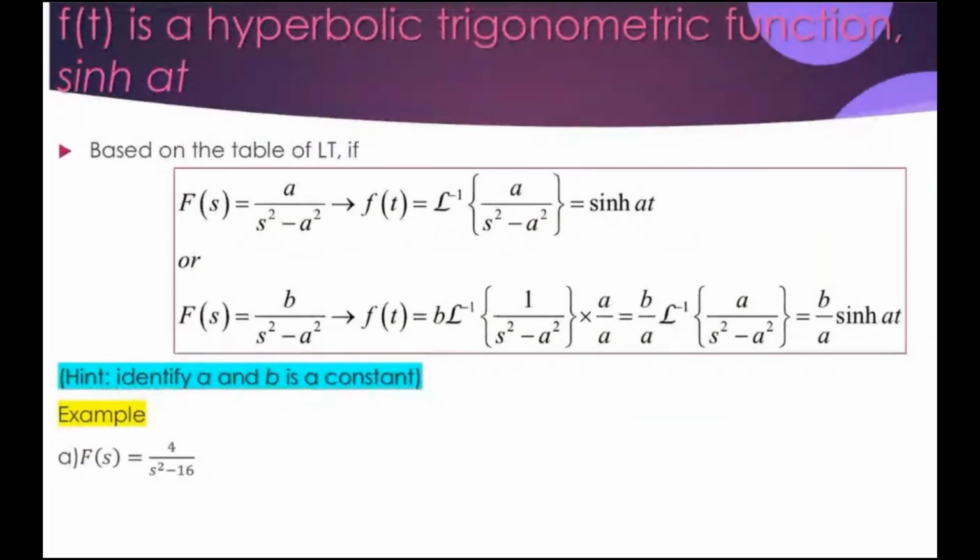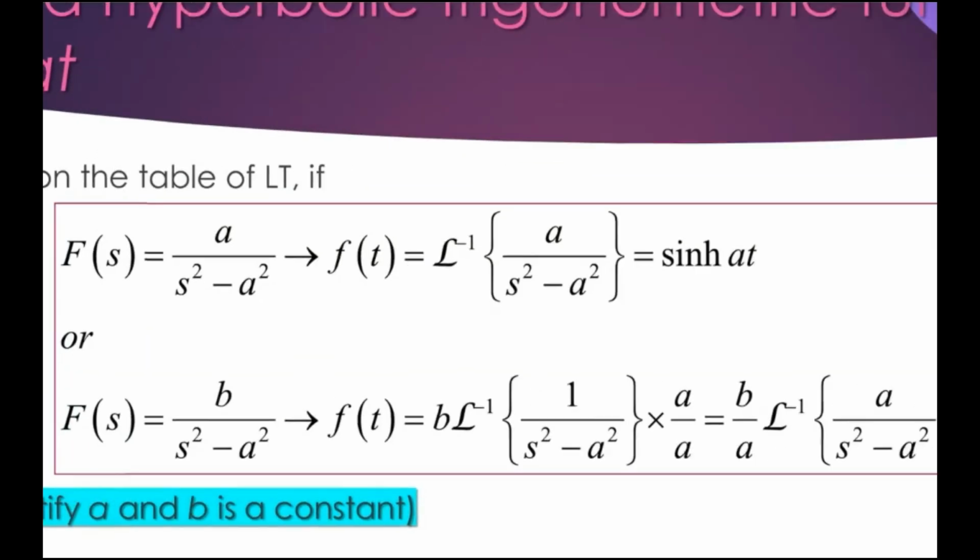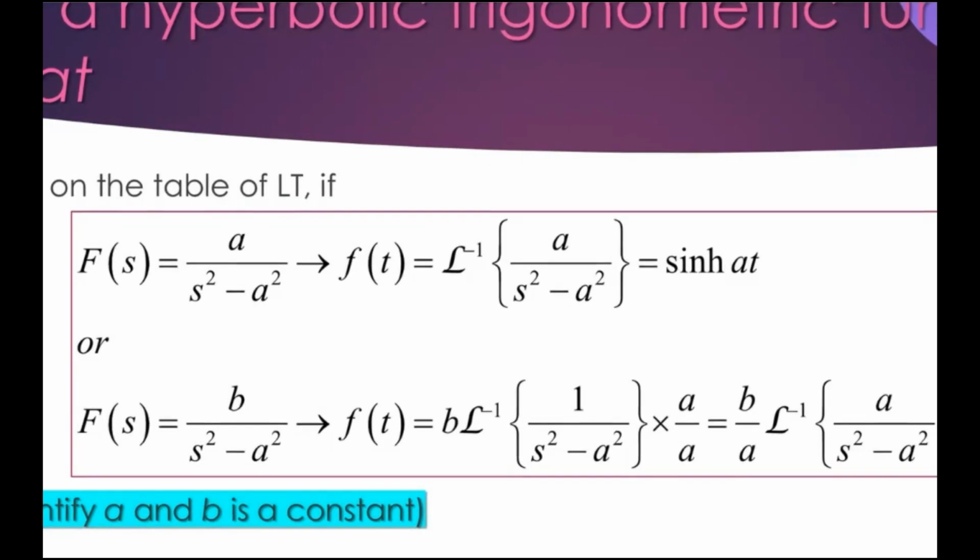Alright, so next function, if we have a over s squared minus a squared. If you look at the table, you can find this function, so the inverse Laplace equals sinh at. The thing you need to make sure of is that you have the same a here and here.